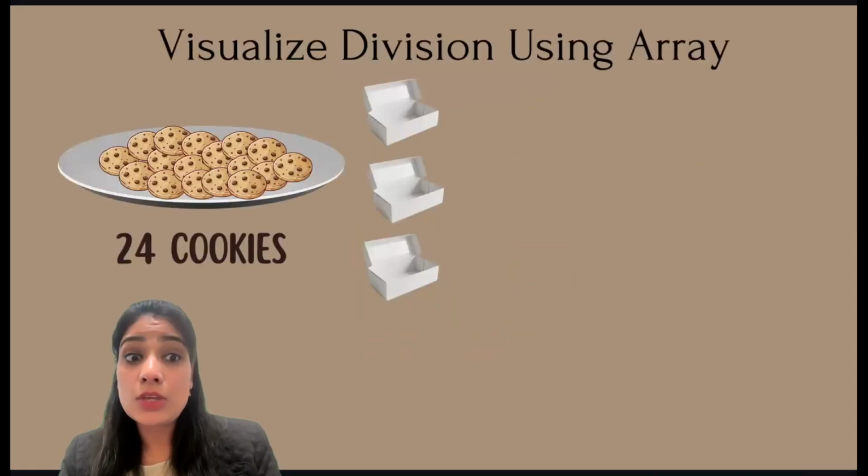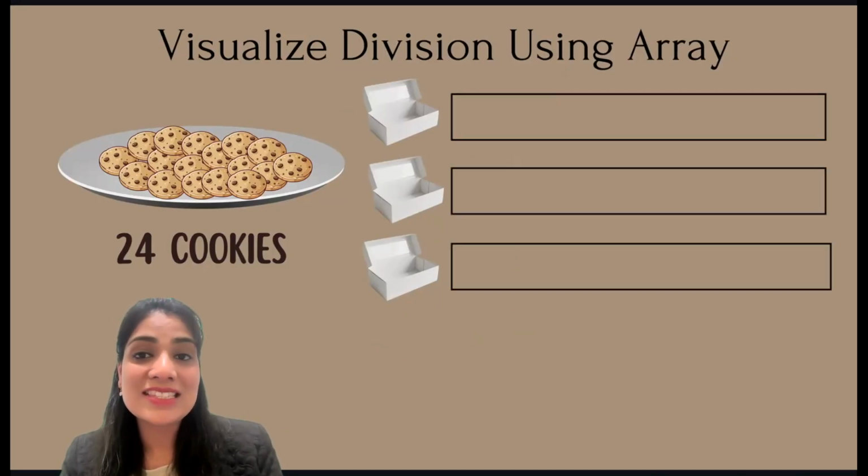Let's continue. Say you have 24 cookies and you want to distribute them equally into 3 boxes. We have to divide using an array. 3 groups means 3 rows. We'll place 1 cookie in each of the rows. Let's start. How many cookies? 3.